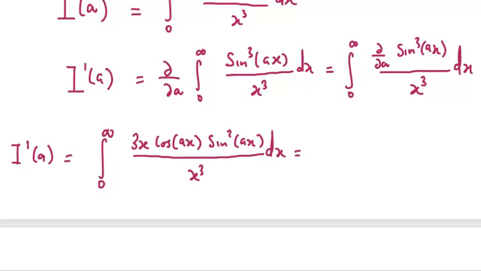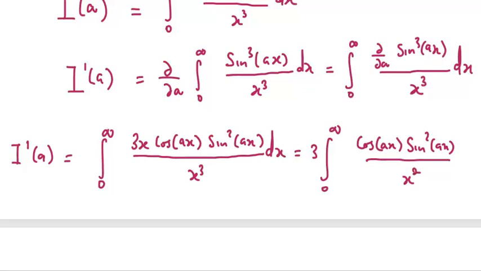So this becomes 3 integral from 0 to infinity. Remember, the x in the numerator cancels the x cubed, reducing it to x squared. So we have cosine of ax, sine squared of ax, divided by x squared, and then dx.